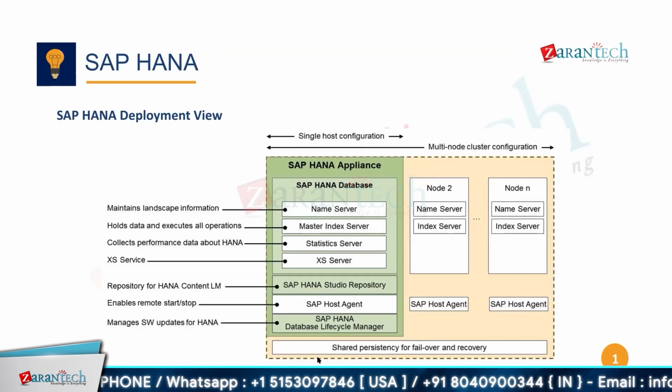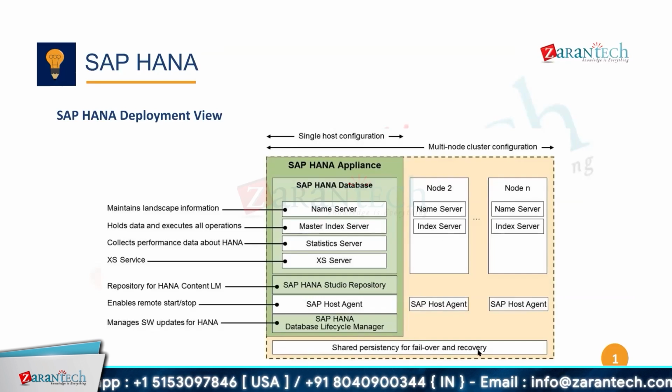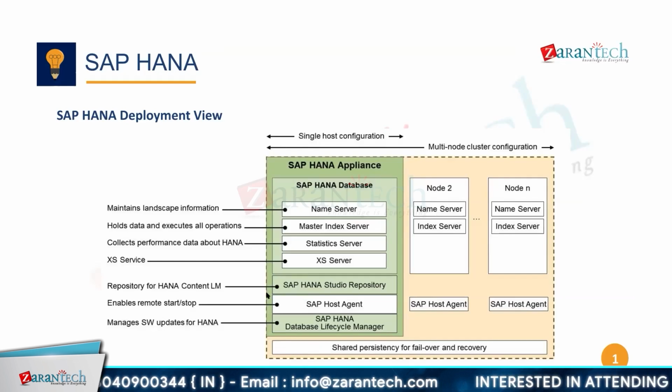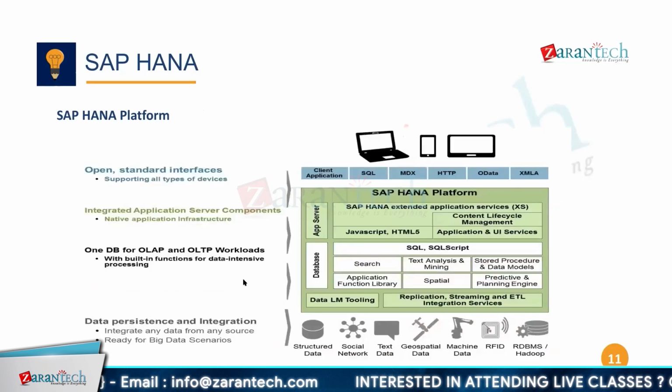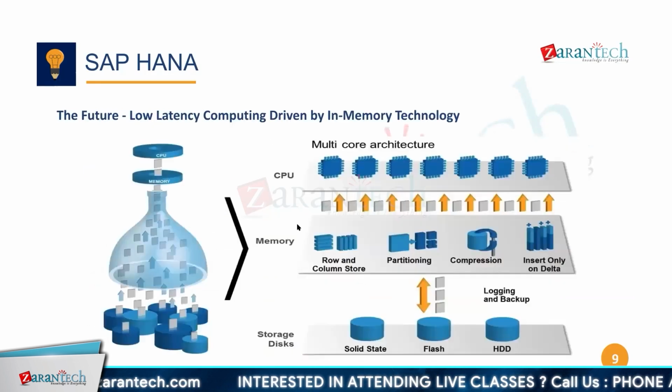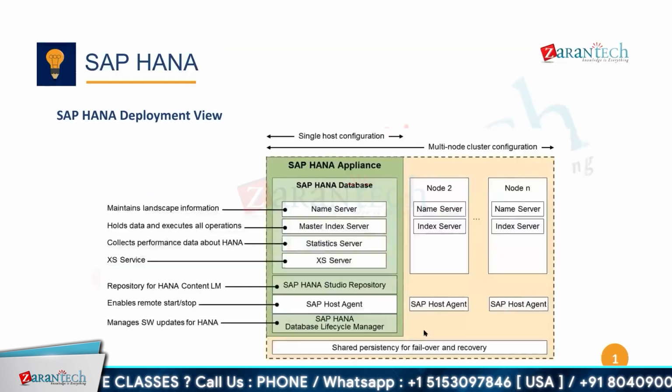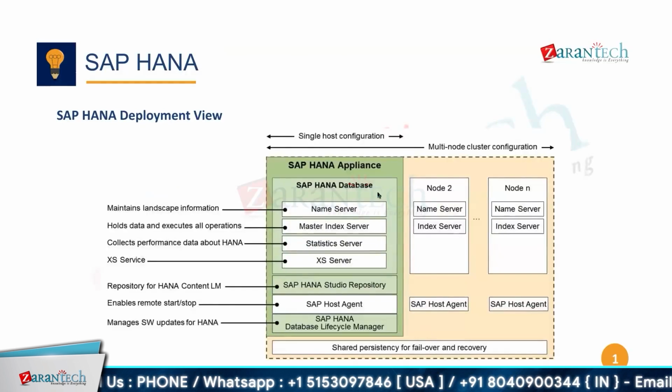And each has shared persistency for failover and recovery, which means data disks. I told you, in this diagram, from the memory it has to write to the disks, right? That happens in the data disks. Good. So this is the simple architecture of HANA.